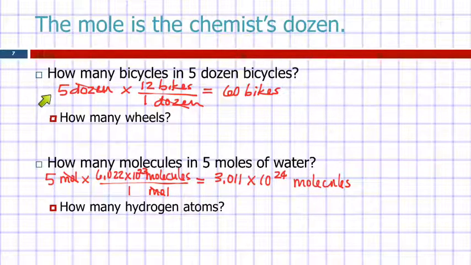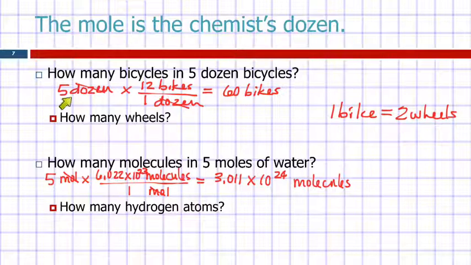So going back to the bicycles, how many wheels are there in 5 dozen bicycles? 120. Because we know that each bicycle has 2 wheels. Right? We know that 1 bike is equal to 2 wheels. So we did this calculation. We got the number of bicycles. 60 bikes times 2 wheels per bike.